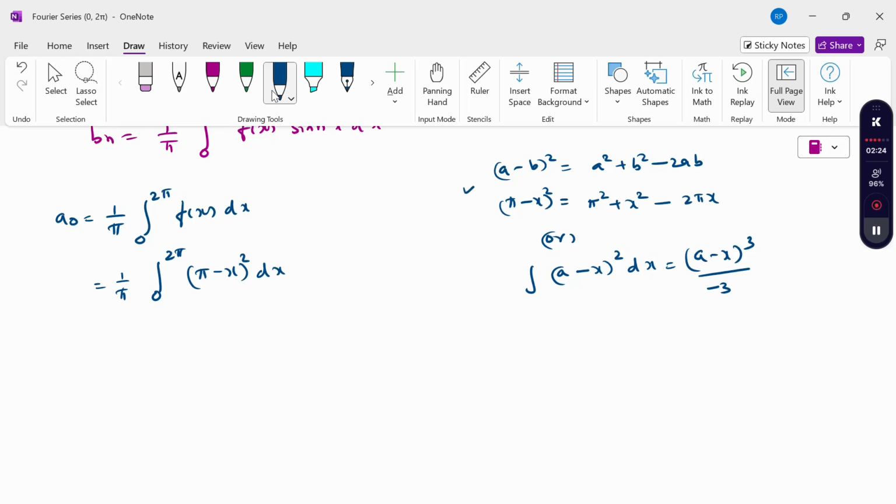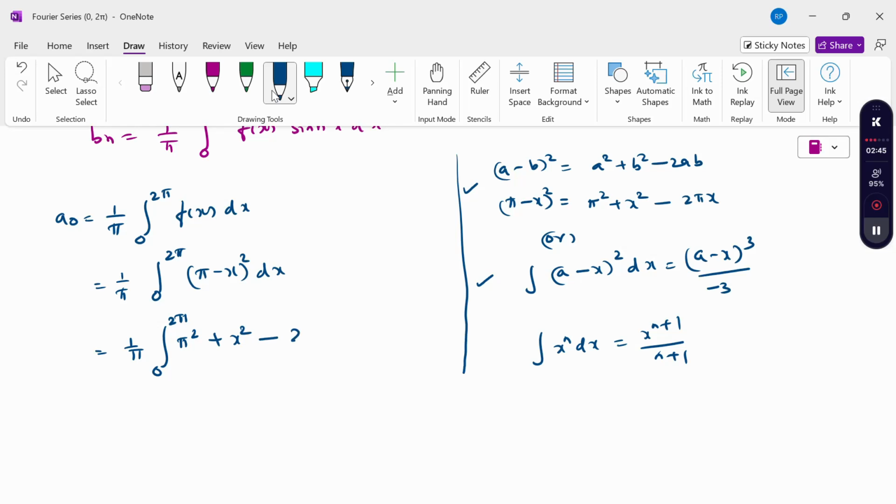We can solve this way or that way. In general, integration of x power n dx is x power n plus 1 by n plus 1. So now I expand: 1 by pi integral 0 to 2 pi of (pi square plus x square minus 2 pi x) dx.